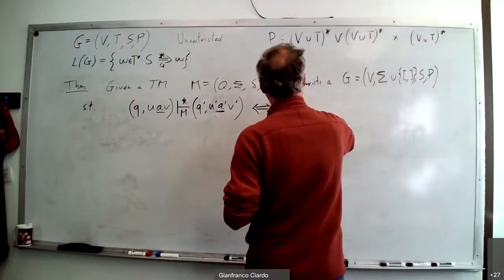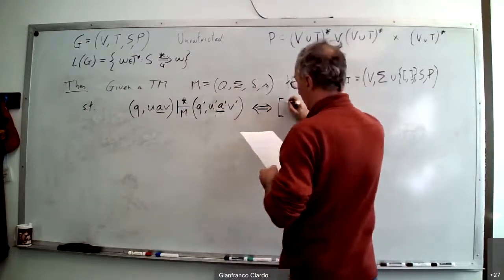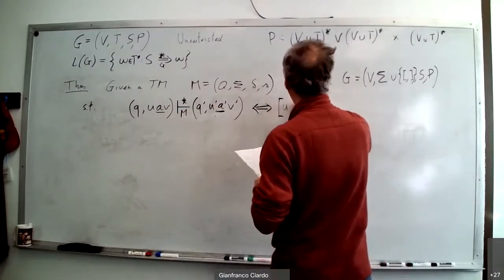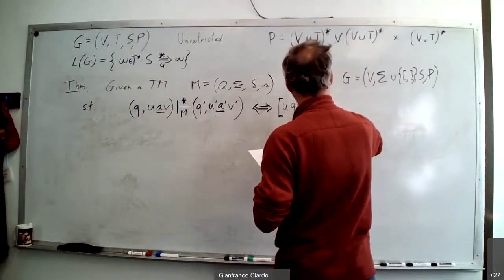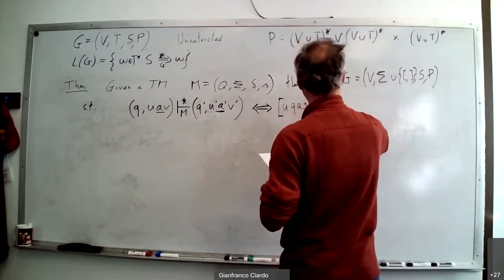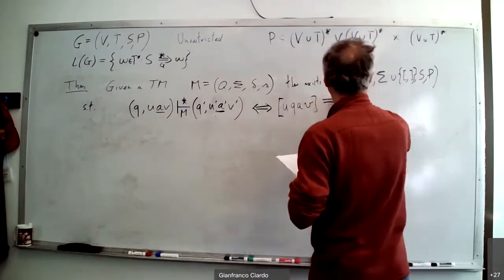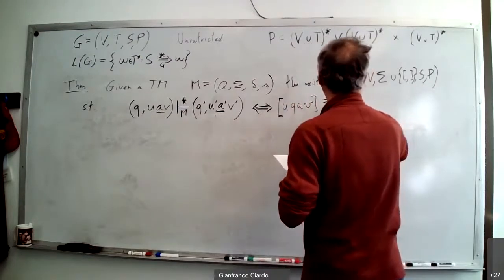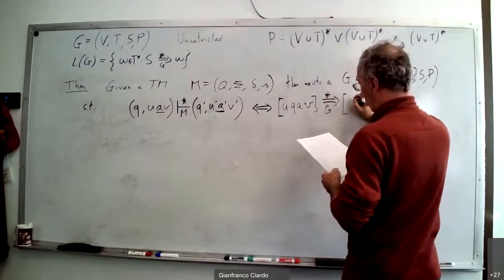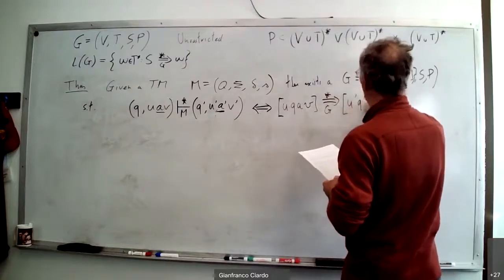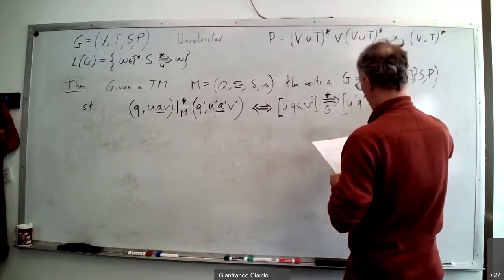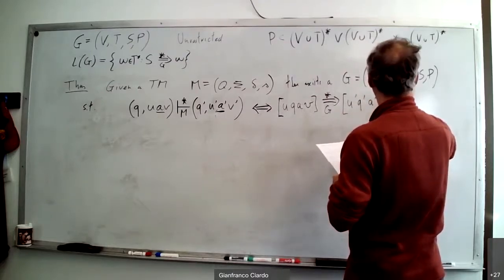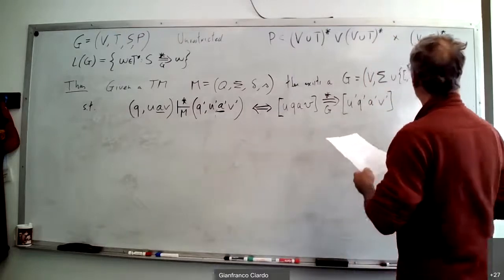If I start the grammar in the sentential form U, Q, A, V, the sentential form can change to U prime, Q prime, A prime, V prime.